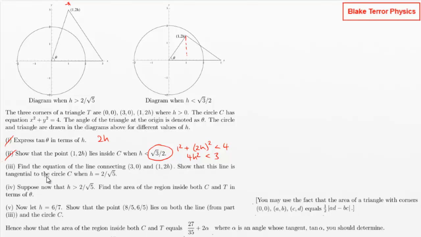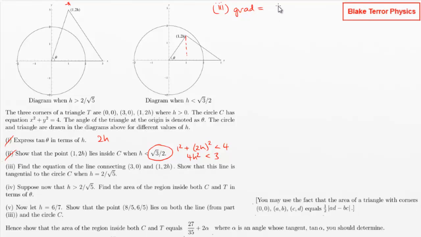Part 3: find the equation of the line connecting (3, 0) and (1, 2h). Show that this line is tangential to the circle for a particular value of h. Okie dokie, so let's move this up here. It looks like we're getting into some proper maths now. Let's get the gradient of the line first.